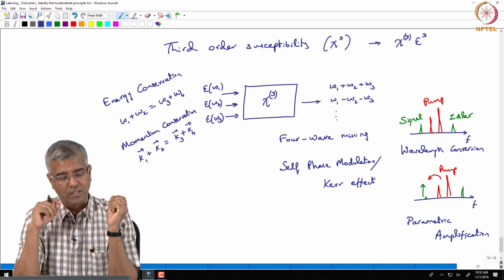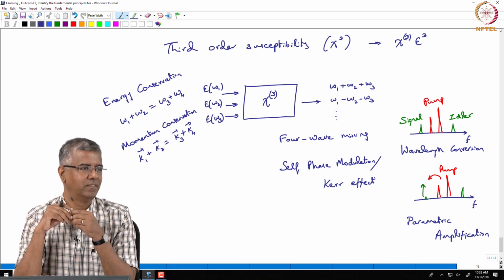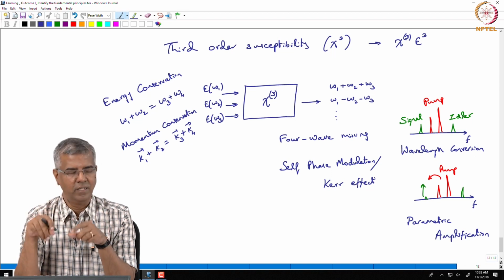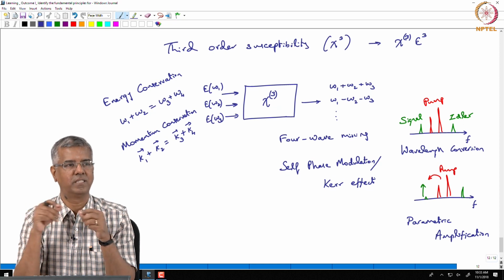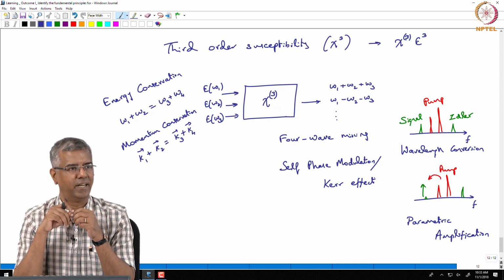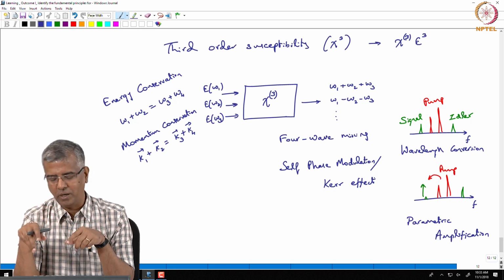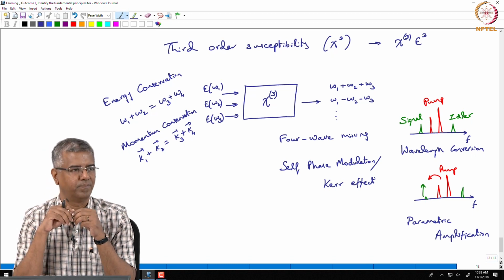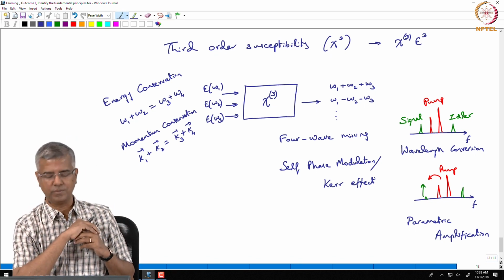So, with intensity, that is in this case light intensity, you can illuminate this Chi3 material with some external light, and using the intensity of the external light you can modify the response of the medium, you can change the refractive index of the medium. Okay. So, that is what Kerr effect is all about.